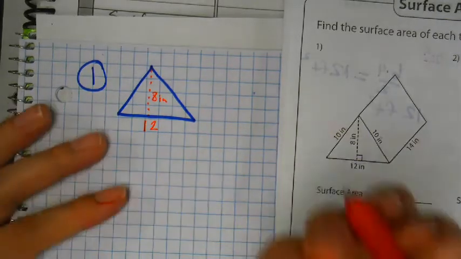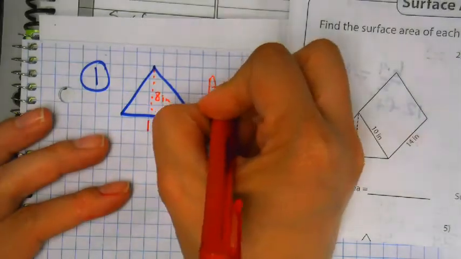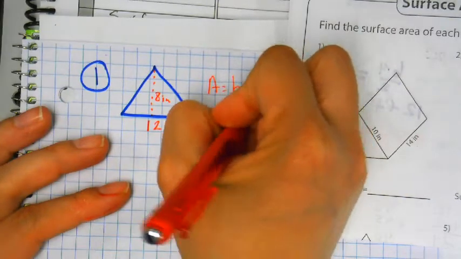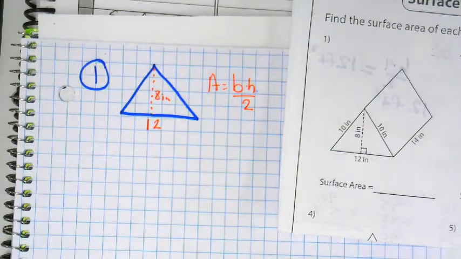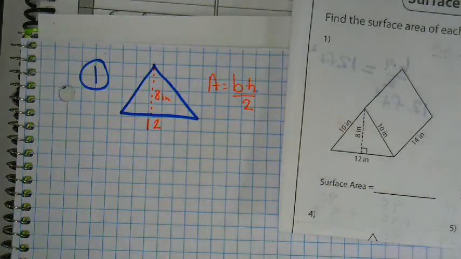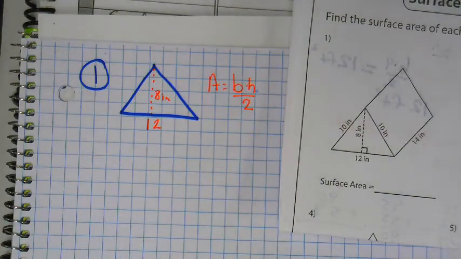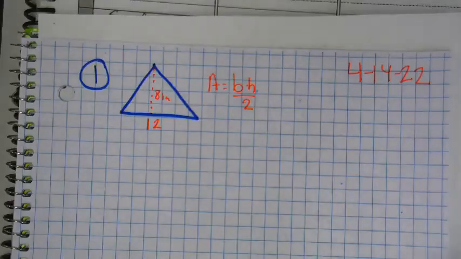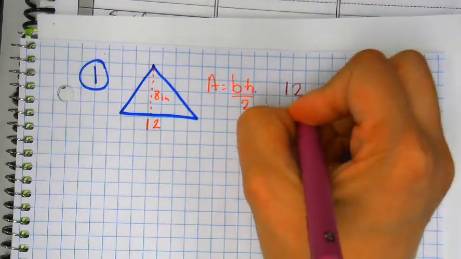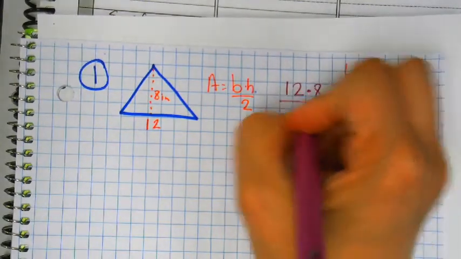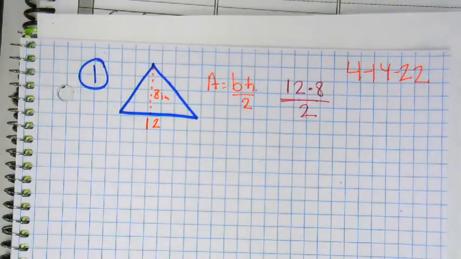Okay. So, area is equal to base times height divided by 2. Why divide by 2? Because it is a triangle. Okay, let's plug in our numbers. My base is 12. My height is 8, divided by 2. All right, type it in the calculator if you need to.